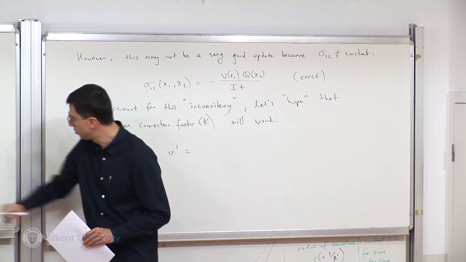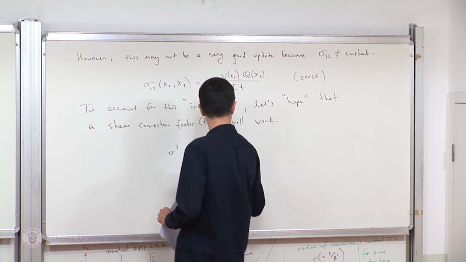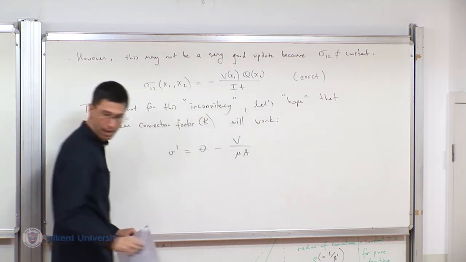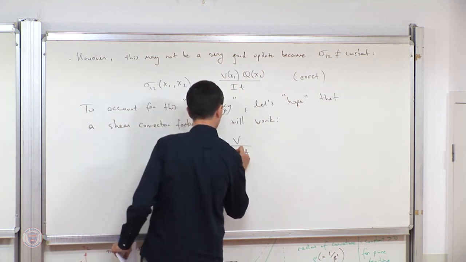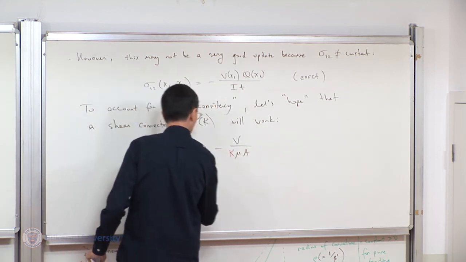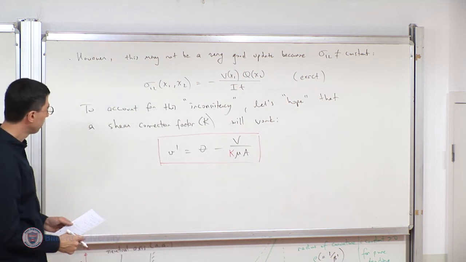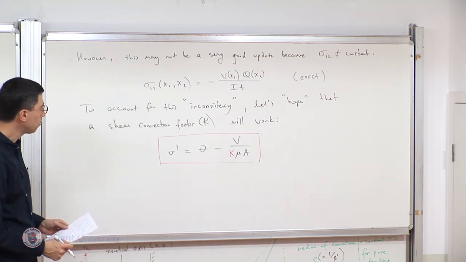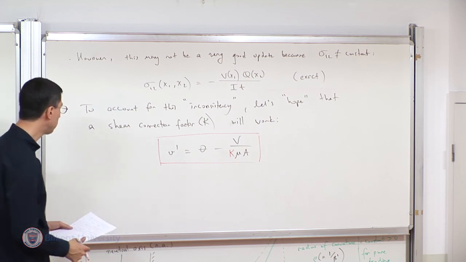I'm going to take this blue equation, V prime is equal to theta minus V over mu A, and I'm going to throw in a factor, K. And now this will be our equation that relates rotation to the derivative of the deflection.